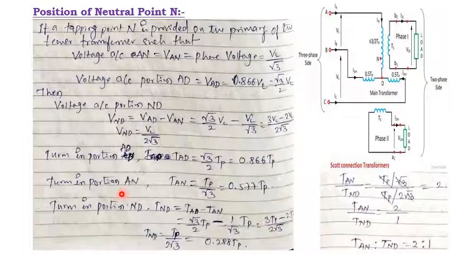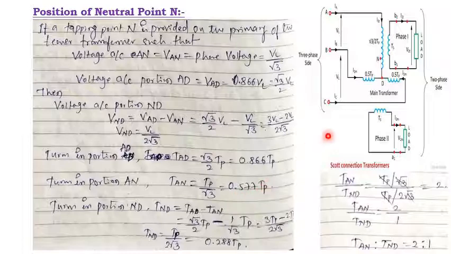Then what is the turns in portion A to N? It is similar to the voltage across A to N, which is 1 by root 3 times VL. Similarly, the turns in portion A to N is 1 by root 3 times TP, which equals 0.577 TP.